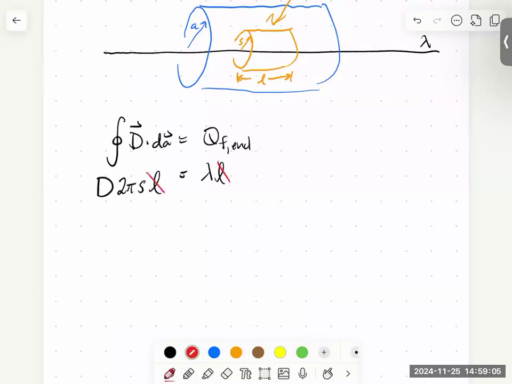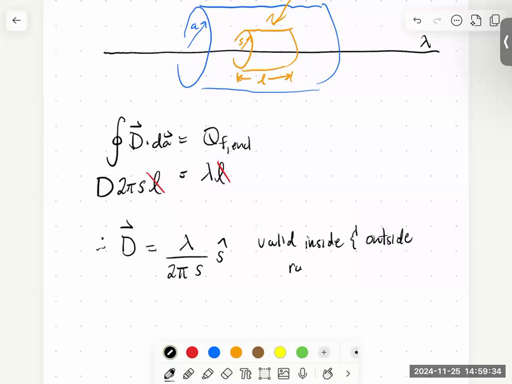We cancel the length, and we would say, therefore, D is equal to lambda over 2 pi s. And if we want to, we could put in some vector notation. And so this is valid inside and outside our rubber.